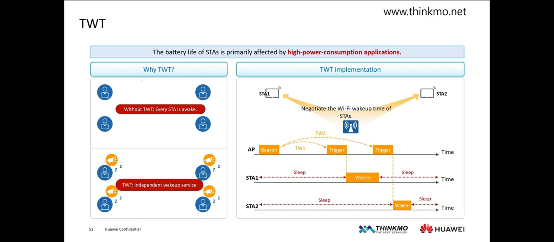TWT can reduce the unnecessary consumption of the terminal when idle, thereby achieving a 30% reduction in power consumption. This is very important for IoT devices that are online for long periods. And it avoids receiving something called a beacon. In traditional Wi-Fi, the AP will periodically send beacon frames.